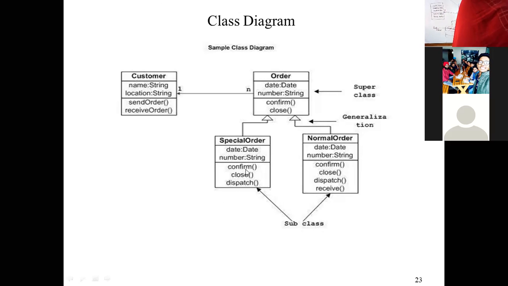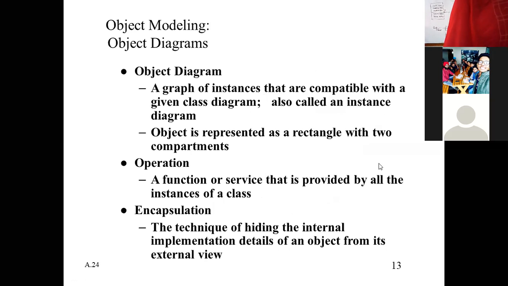Some of the member functions are new, like dispatch and receive. So we can have specially added functions in the subclasses that are inherited from the superclasses, so the subclass has the features of both the class itself as well as the parent class.